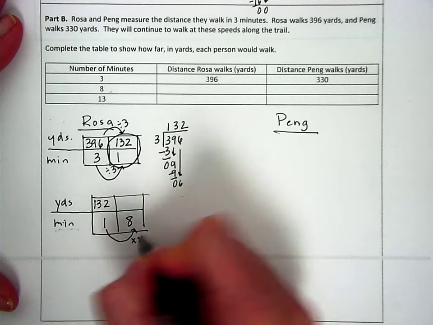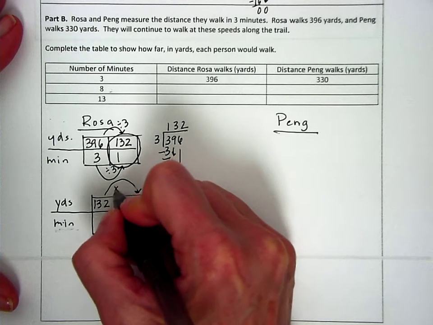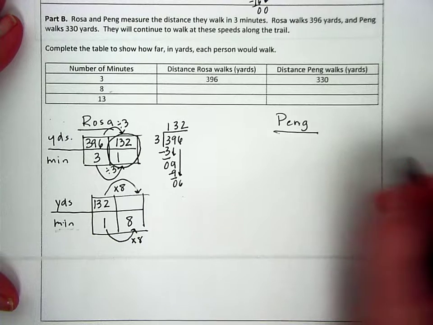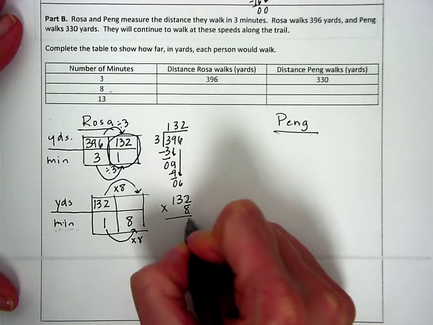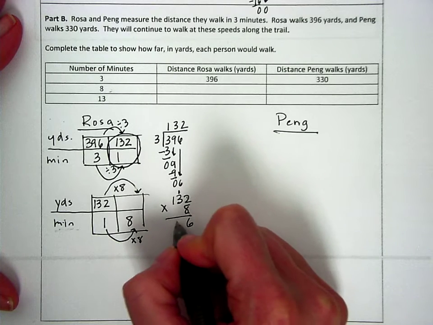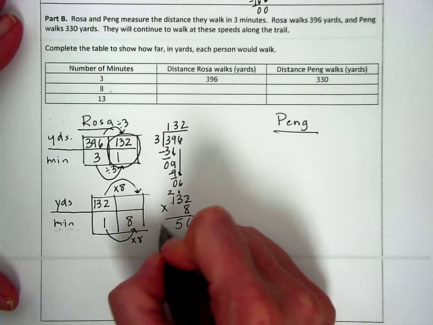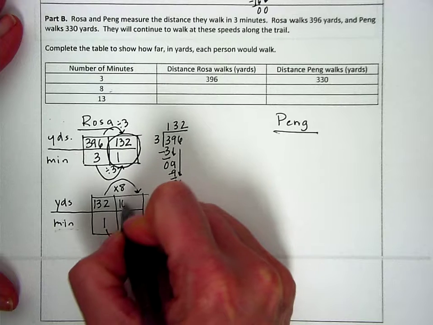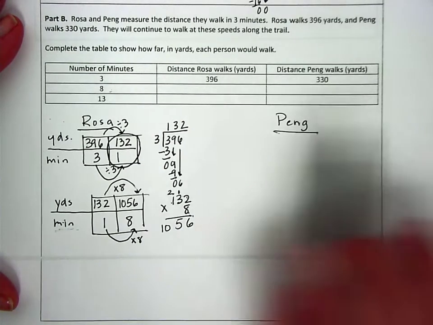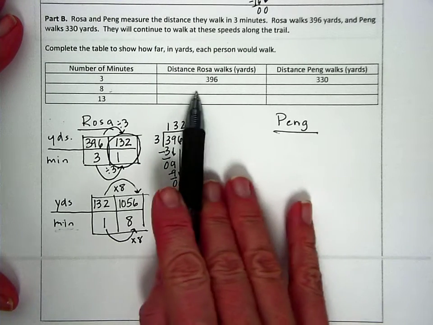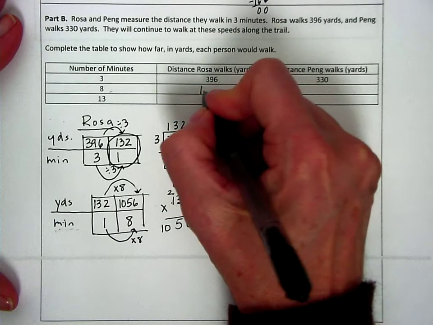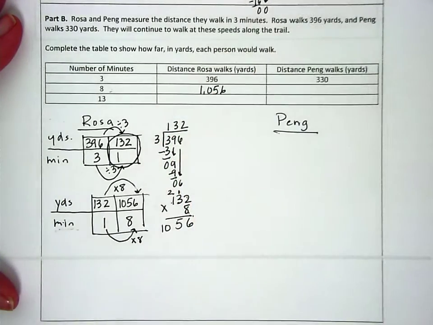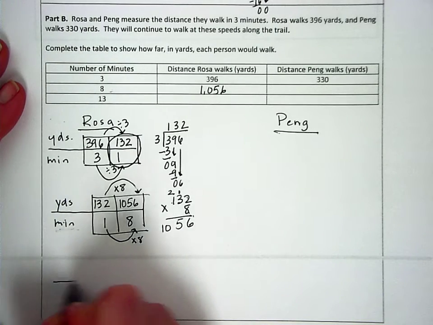Well, I multiplied by 8. So what do I do to 132? I multiply by 8. So 132 times 8 is... So how many yards did Rosa walk in 8 minutes? 1,056.